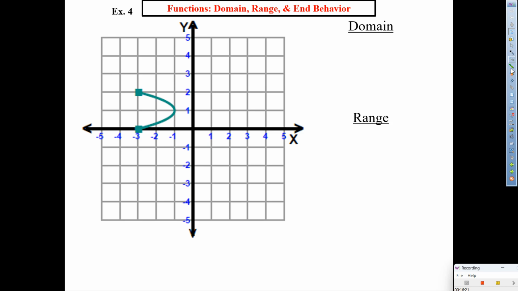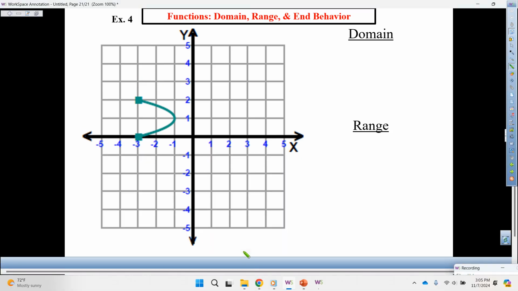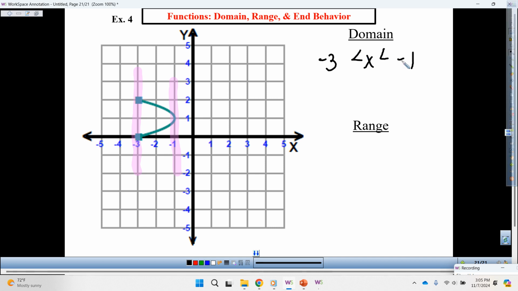Gael, help us out with the domain between what x values? -3 and -1. Without missing a beat. -3 to -1, x, arrows to the left. And do we have equal signs? Yes, on the -3 because it's solid, and this one is a solid curve, so also on the -1.